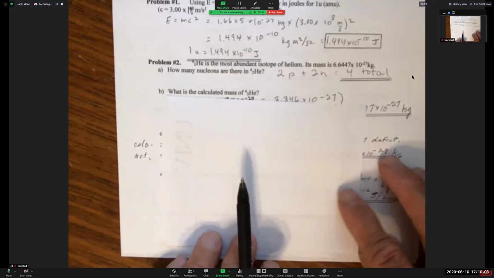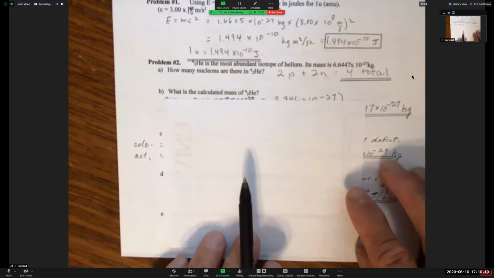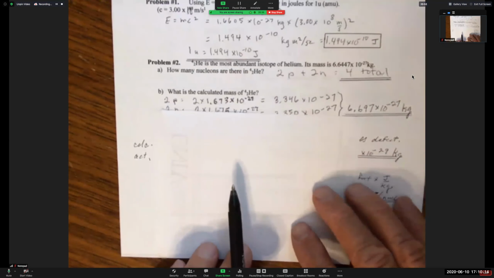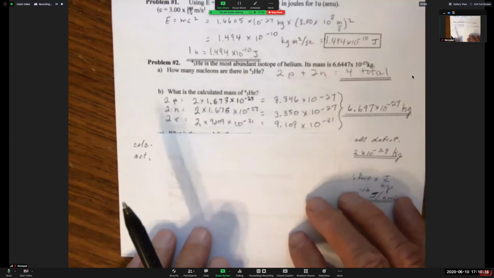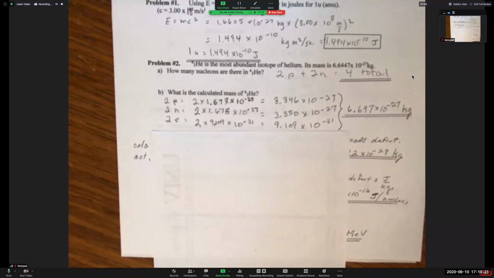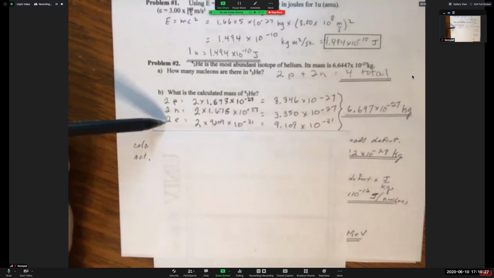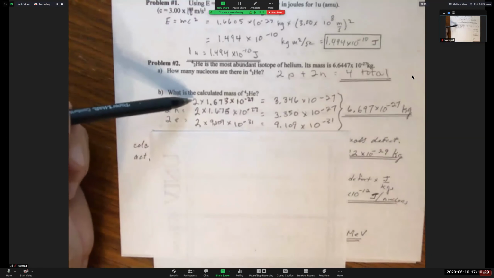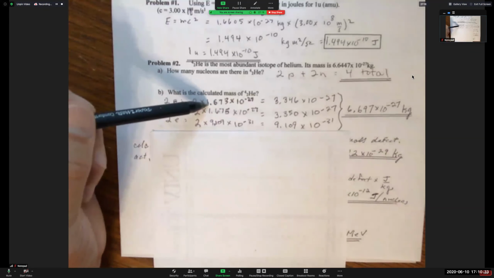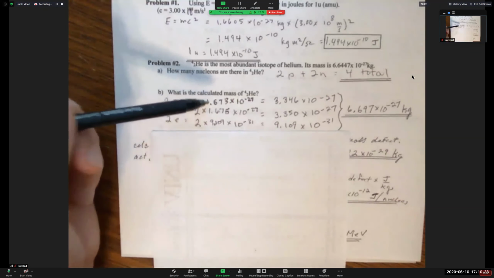What is the calculated mass of helium-4? So we can calculate the mass of helium-4 by adding up all of the masses of all the subatomic particles. So in helium-4, we have 2 protons, 2 neutrons, and 2 electrons. So we just multiply 2 times the mass of the protons, which is 1.673 times 10 to the minus 27, obtained from the data table above.